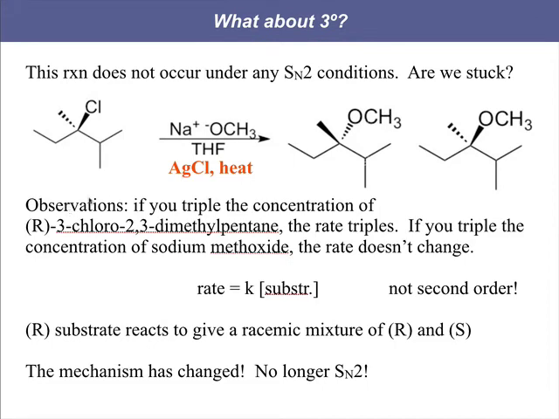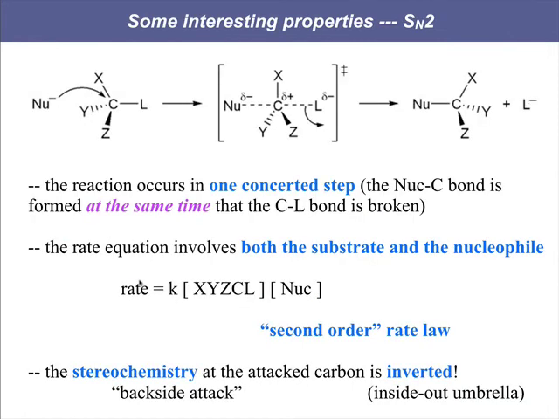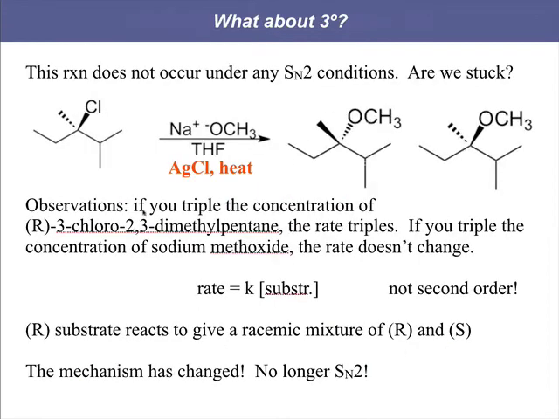Here's an observation. If we triple the concentration of R 3-chloro-2,3-dimethylpentane, this guy right here, the rate triples. Okay, so the rate depends on the concentration of our substrate. If you recall, the rate depends on the concentration of the substrate and the concentration of the nucleophile in an SN2 reaction. It's second order. So that's great.